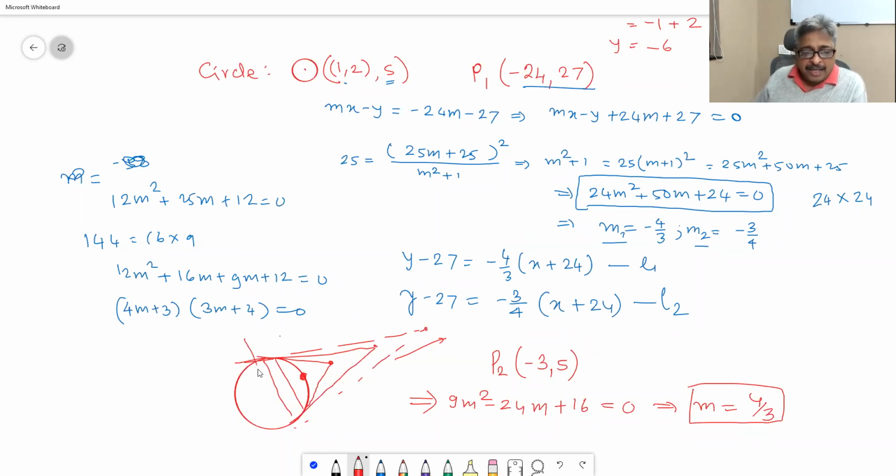And then in the limiting case, the largest distance that these 2 points can have is diametrically opposite. And of course, yes, those two can also be tangents. But at that time, the point of intersection is going to go far away. So it is perfectly all right, whatever we are thinking.